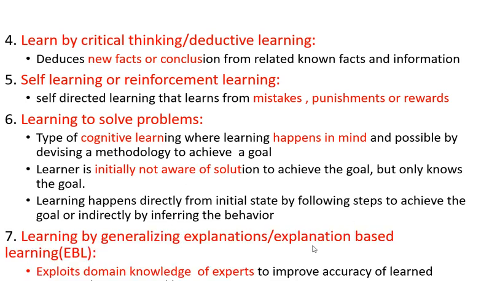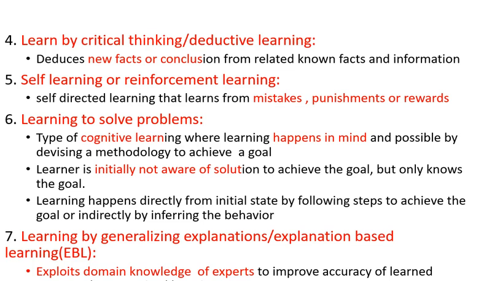The last type of learning is learning by generalizing explanations, or explanation-based learning, also called EBL, where you exploit the domain knowledge of experts to improve the accuracy of learned concepts.